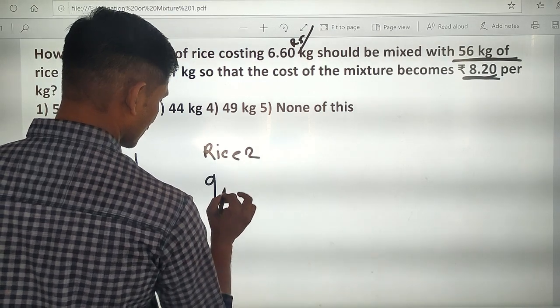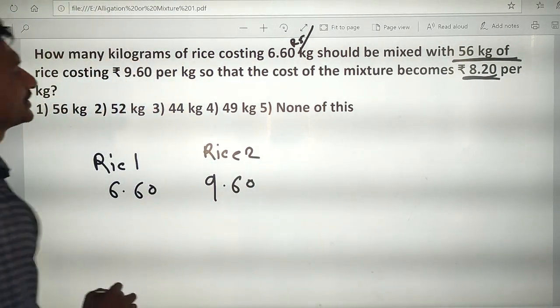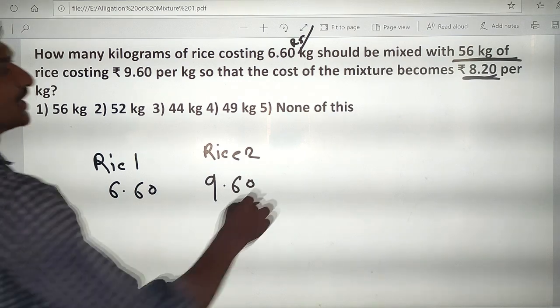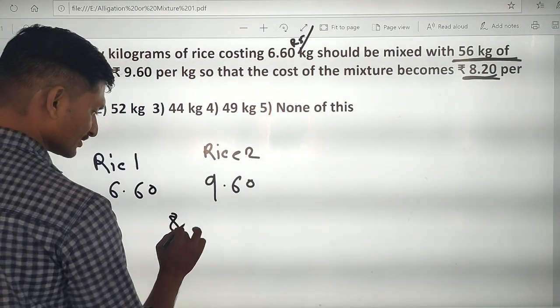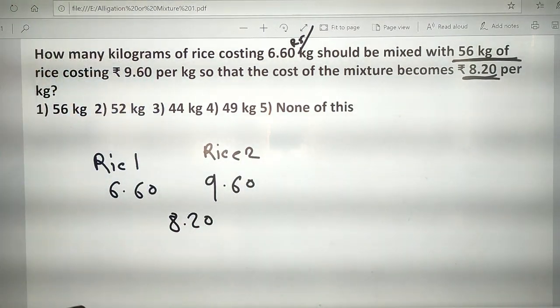Rice 2 is 9.60 rupees per kg. These two rice are mixed, and then the mixture will be sold at 8.20 rupees per kg.